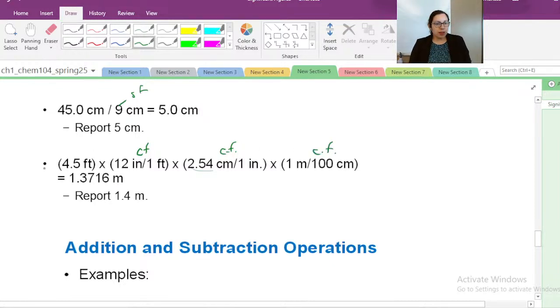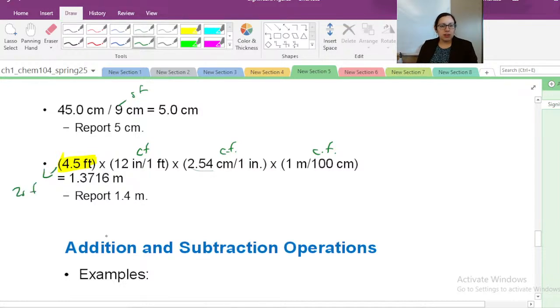And so it's only dependent upon what we started with. We're saying, I want to convert 4.5 feet to meters. Doesn't matter how we got there, it's just showing our conversion factors. We said they all had infinite sig figs, so that means we're limited by what we were given.